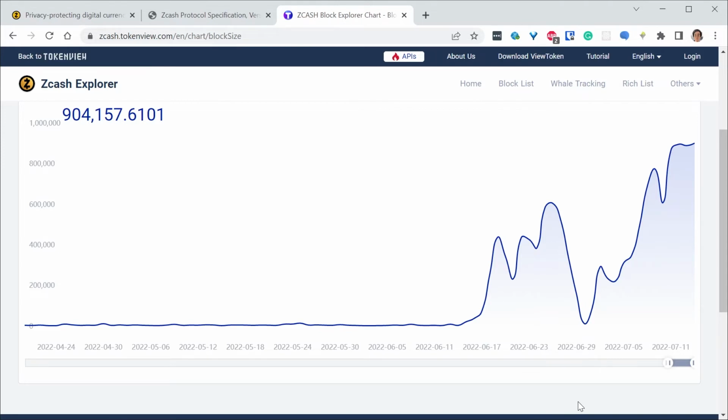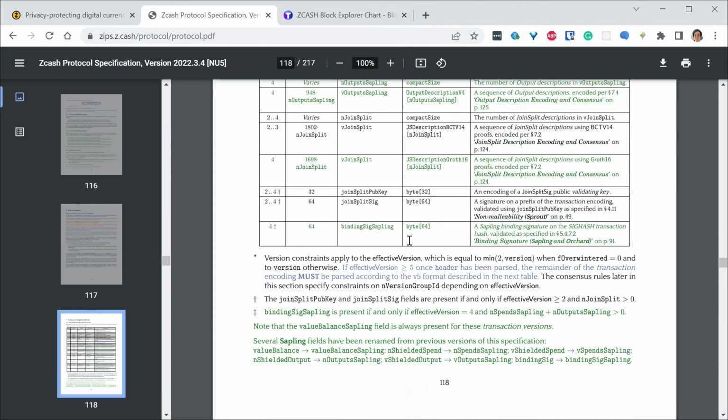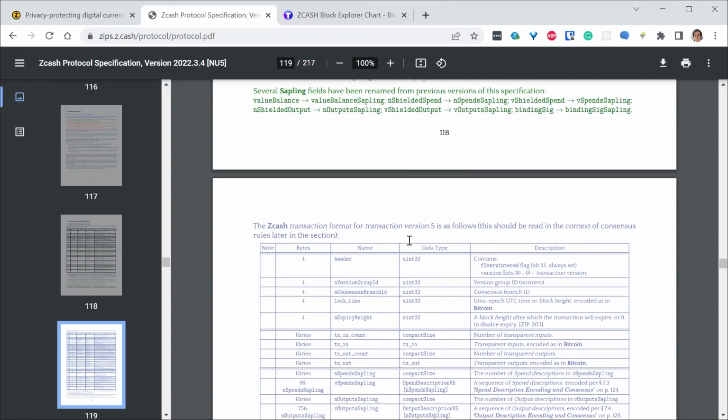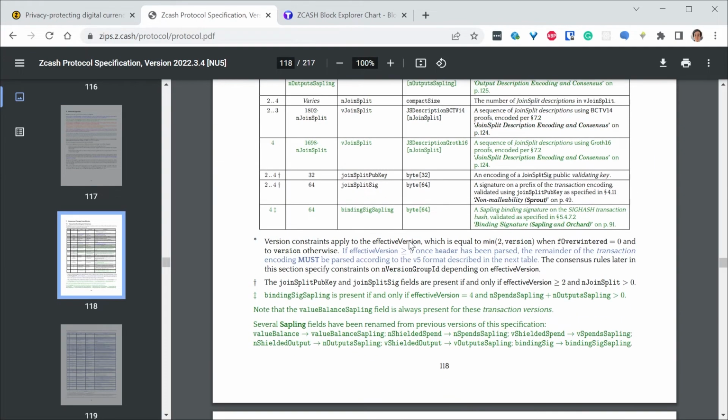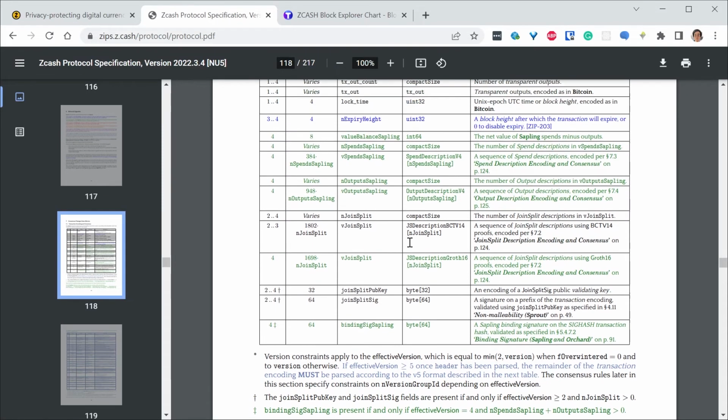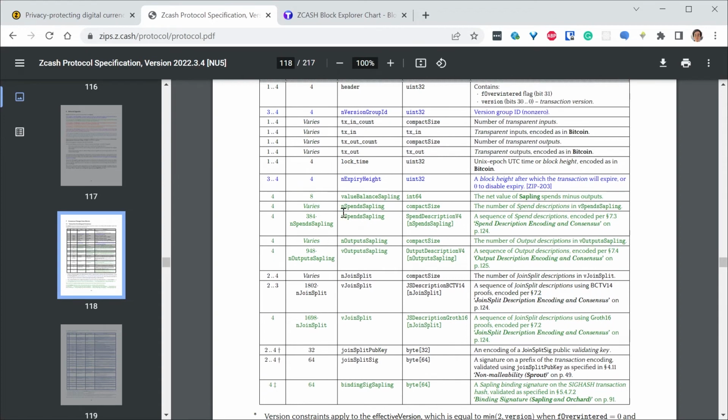So if you take this block, for example, it has transparent, sapling, and orchard. Let's discard orchard for the moment because the attack is mostly using sapling transactions. So the transaction would have transparent components and sapling components.